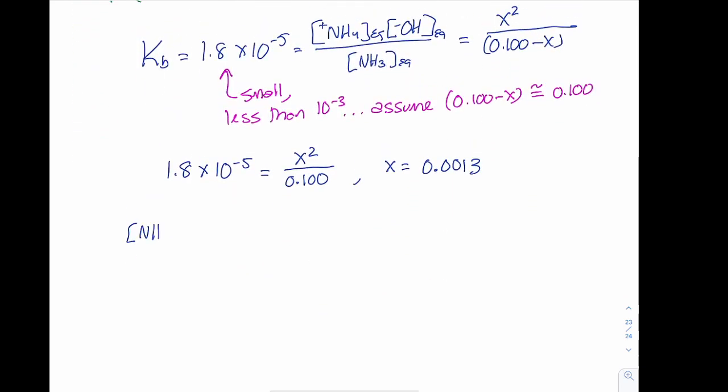So ammonia, 0.100 minus 0.0013. Ammonium, I will do that math here in a minute.